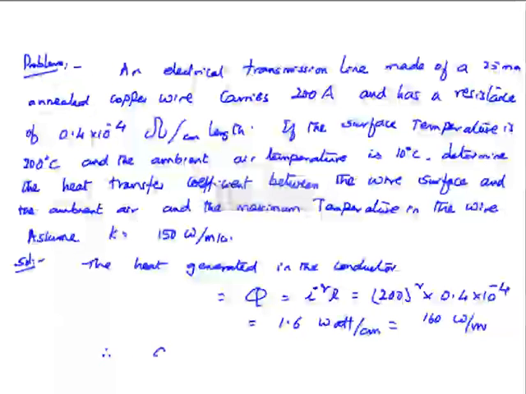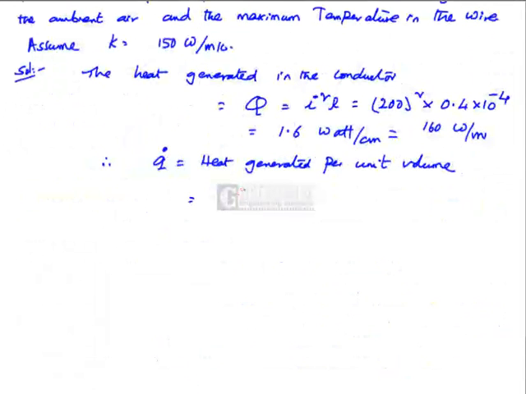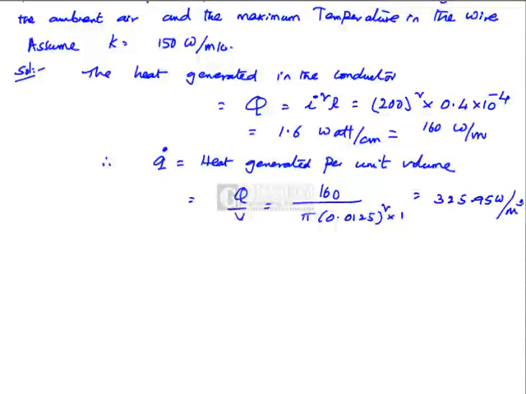Therefore, heat generated per unit volume, Q dot, is equal to Q divided by V, that is 160 divided by pi into 0.0125 square into 1 meter length, that is 325.95 watts per meter cube.